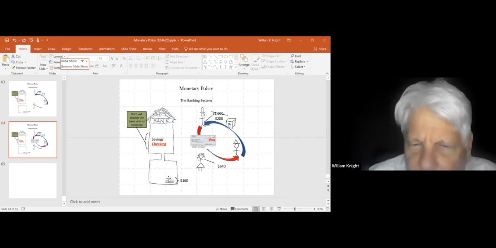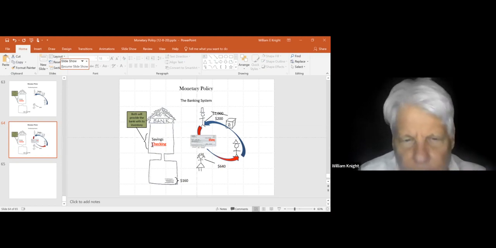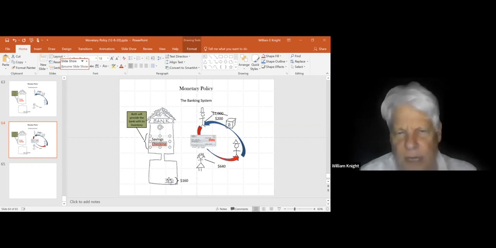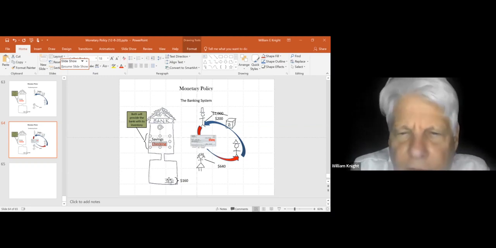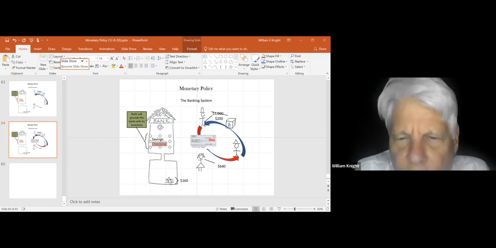Only a fraction of this bank issued money is backed by government issued money. That's called the fractional reserve system.